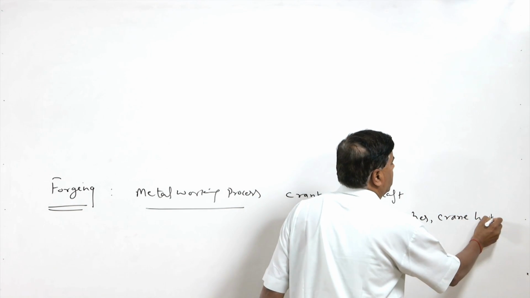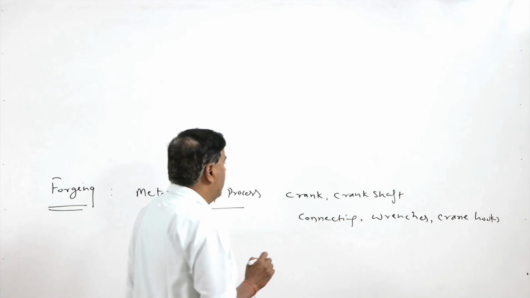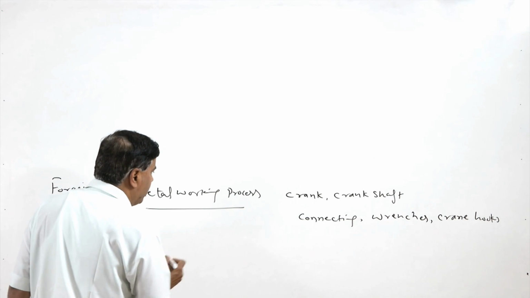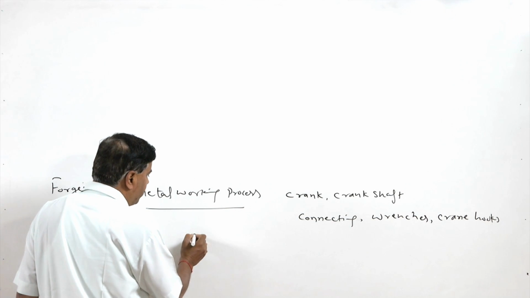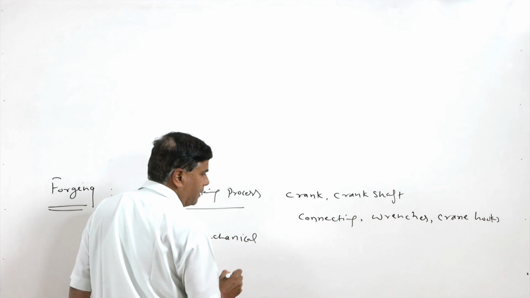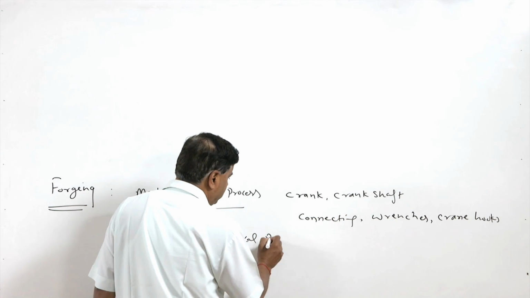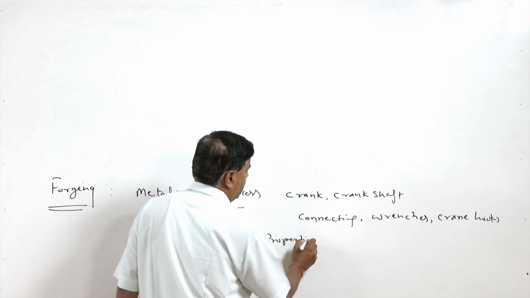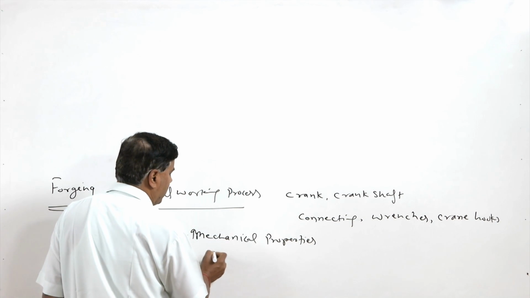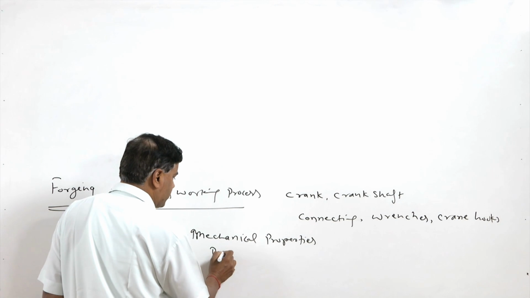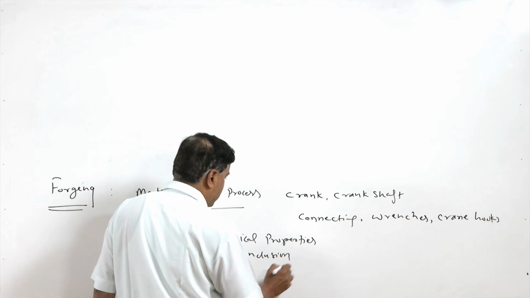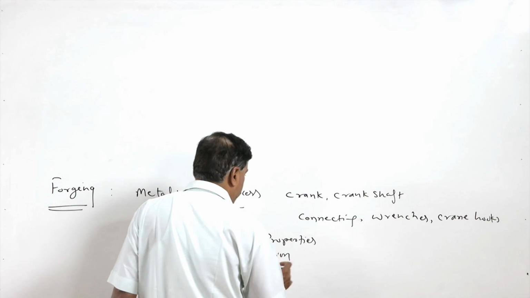So, there are so many components which are made by this forging process, and the advantage is that it improves the mechanical properties and results in very sound and dense products. Pores and inclusions, if they are there, are closed and homogenized.